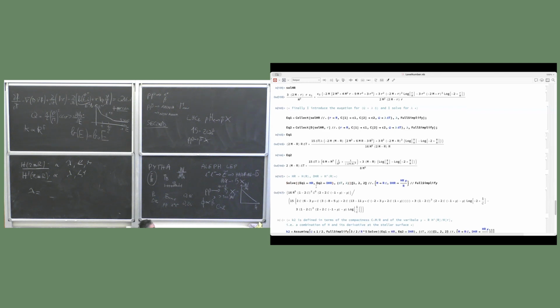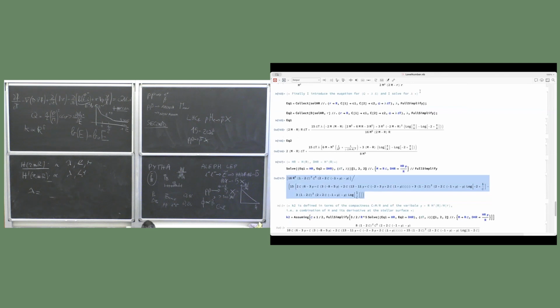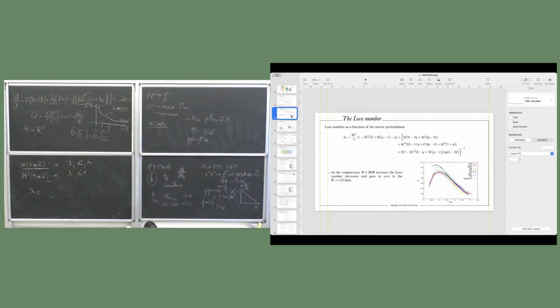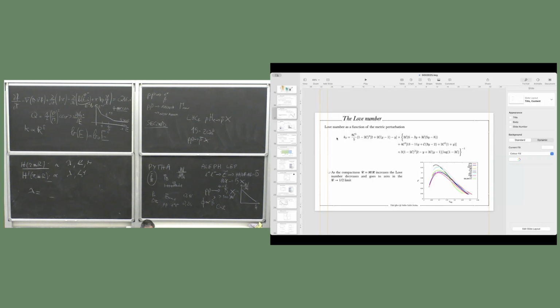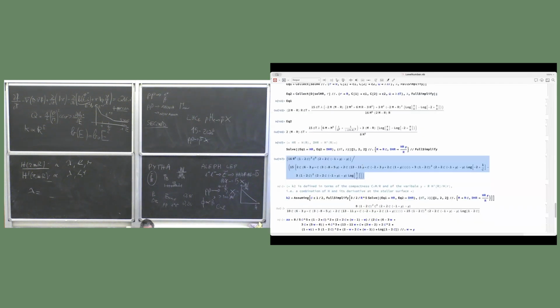And so indeed you find that lambda is equal to this thing here. This was the expression that we saw yesterday. And the solution now depends on this thing that yesterday I called y.